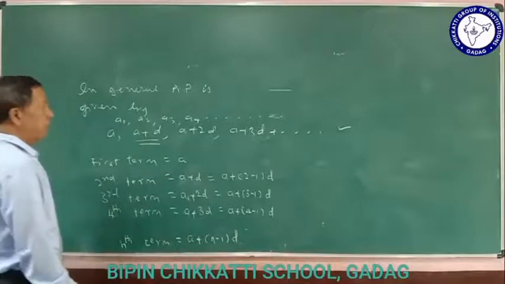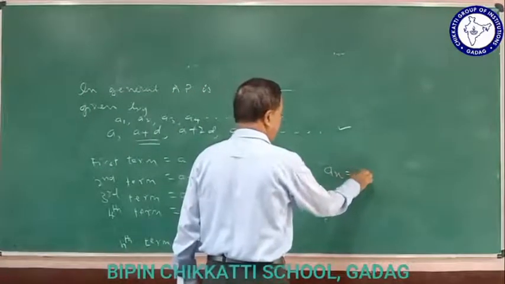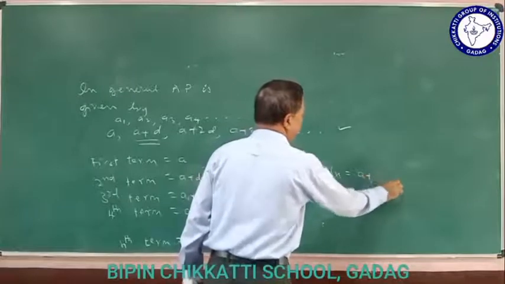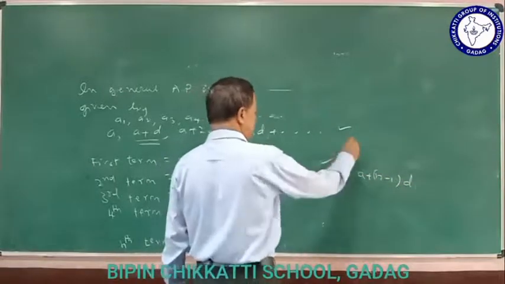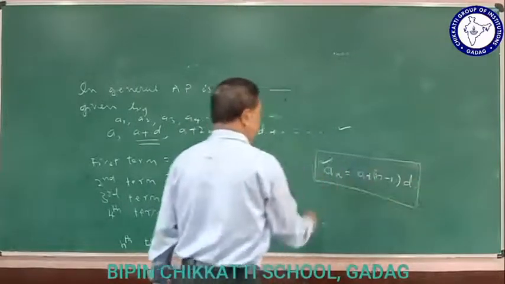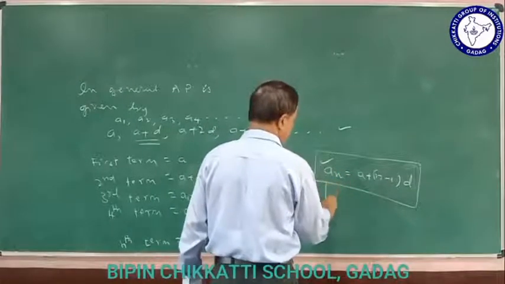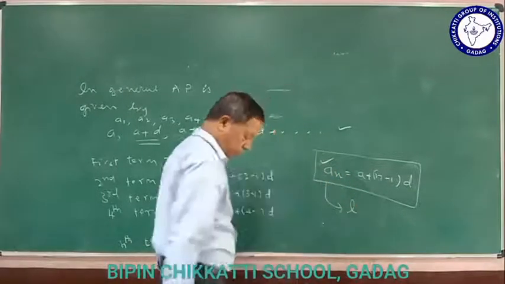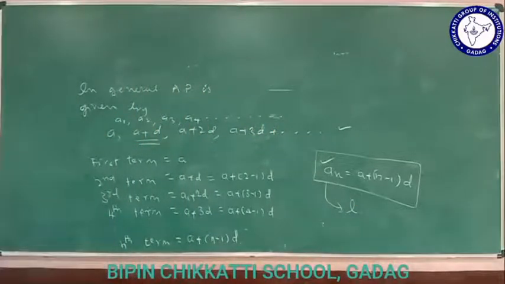Yes, the nth term is denoted by an. So an equals A plus n minus 1 into D. So an is the nth term, and this is the formula you have got. Sometimes the nth term is also denoted by L. L means the nth term, or sometimes we call it the last term of an AP.